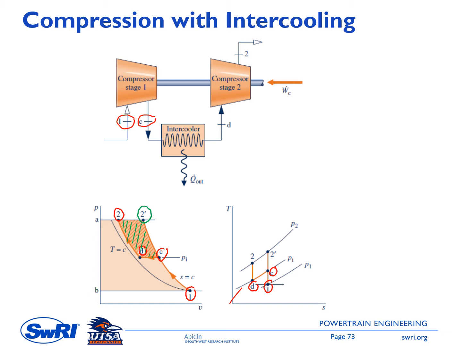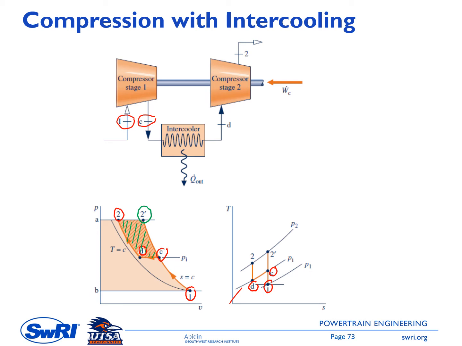By having an intercooler, now state 1 goes to state C, and then there is a cooling process that changes state C to state D, and from state D it is compressed inside the second compressor to state 2. By looking at the area in the PV diagram, you will see less area when we have an intercooler inside the system.